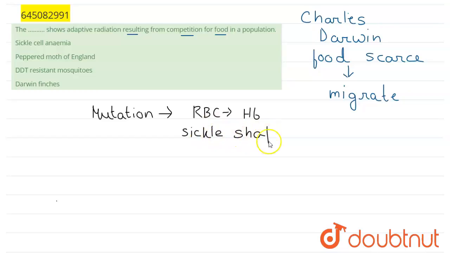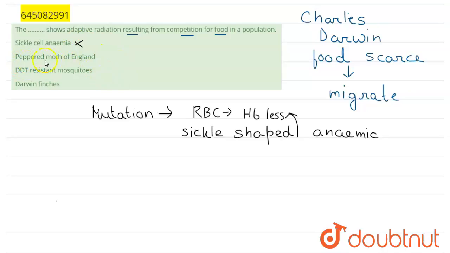As they become abnormally shaped, they can hold less hemoglobin, so patients become anemic. This is sickle cell anemia, so this is not the right option for our question.